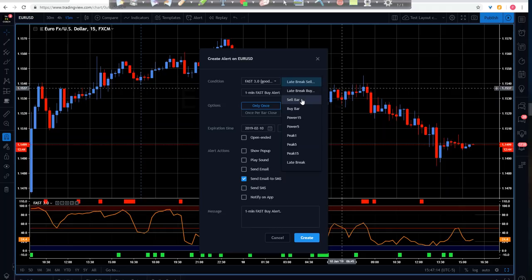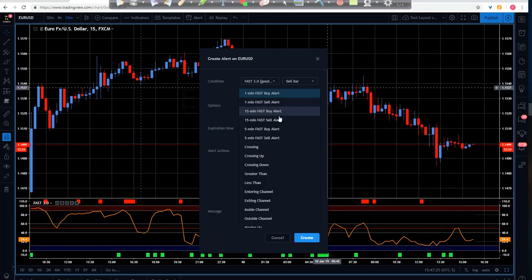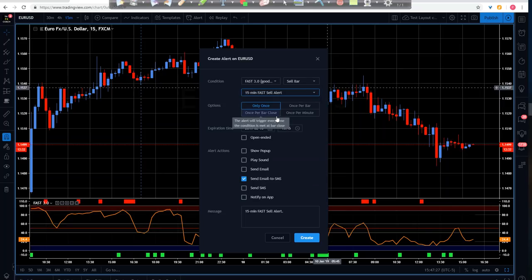In this case, I'm using the Power 15 or Peak 15. So we're just going to do a sell bar. I only need once, and we're going to change this to be 15 minute. So 15-minute sell. Now we've got it set to FAST, a 15-minute FAST sell, and we're good to go.